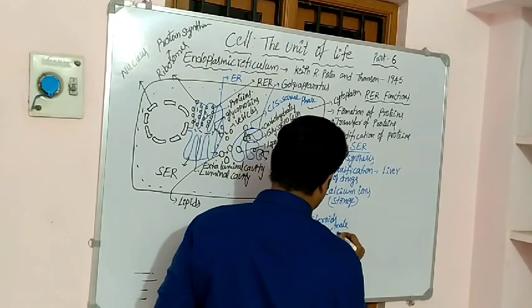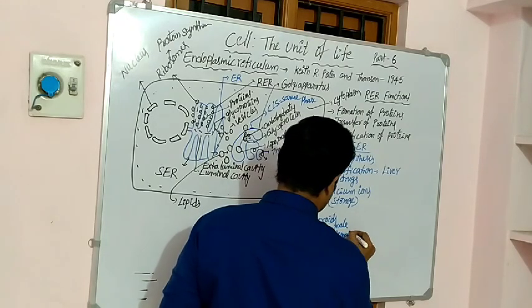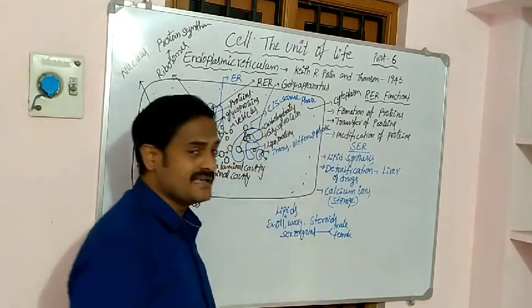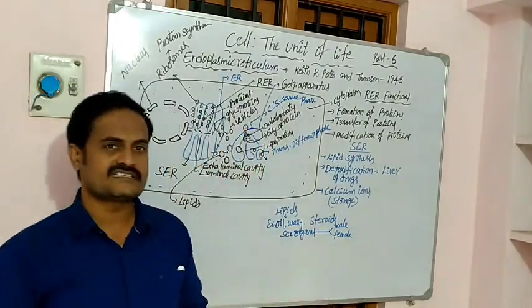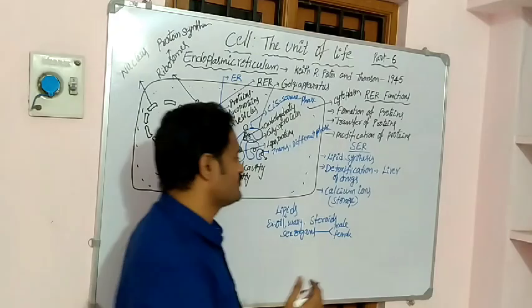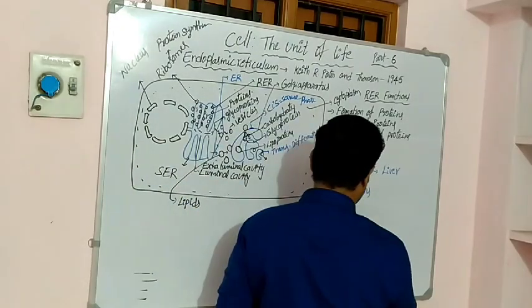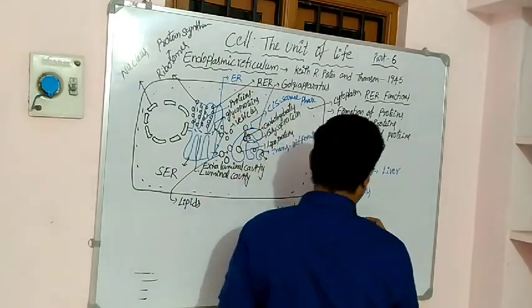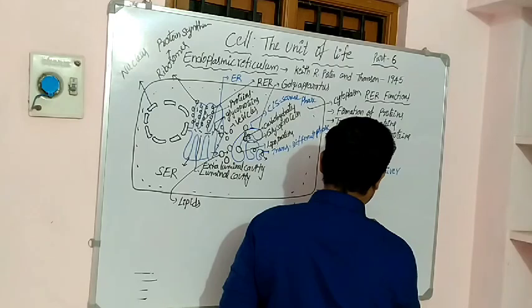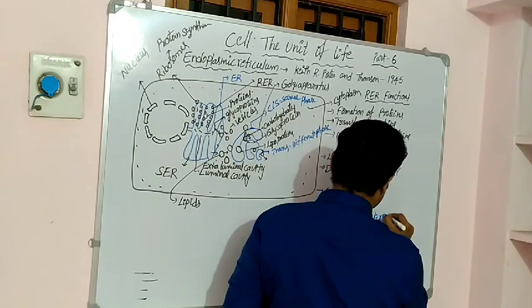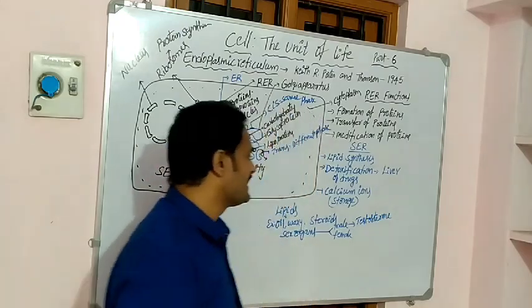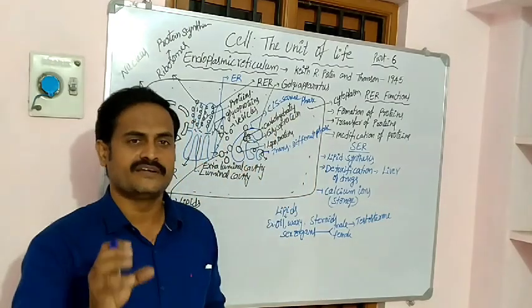What is the male sex organ? The testis. In the male testis, it produces one steroid hormone. What is the steroid hormone in males? Testosterone. Testosterone is a male steroid hormone.